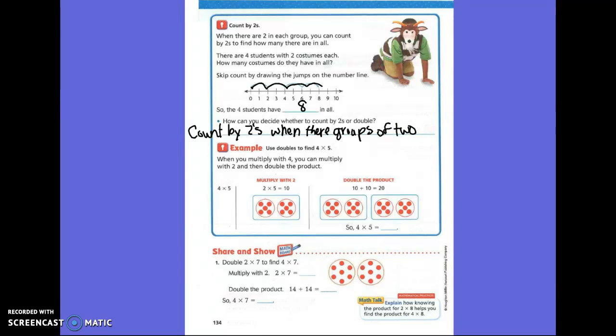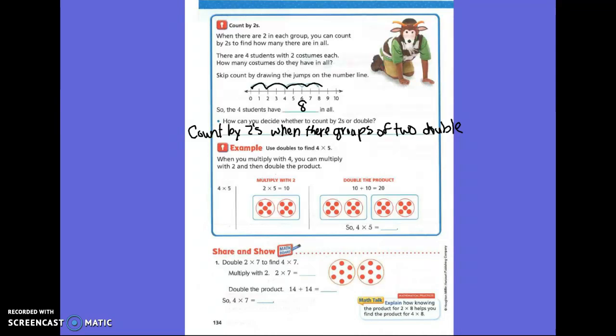Then you can double when there are 2 groups with equal numbers, like doing 4 plus 4, or 8 plus 8.